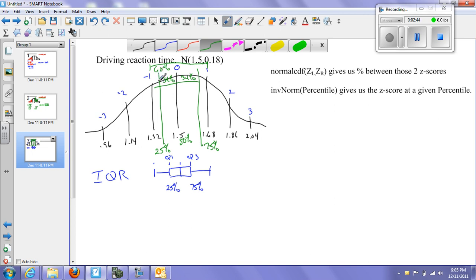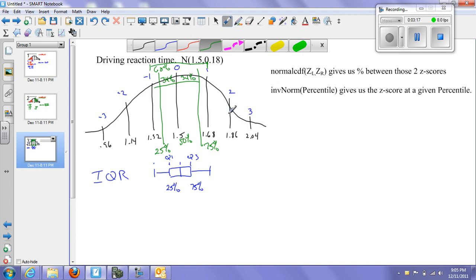So I knew that my 25% was going to be less than 1 standard deviation to the left, and my 75% less than 1 standard deviation to the right. So I know right in here is where my interquartile range is, but I don't know the cutoff figures. I know a whole standard deviation to the left is 1.32, and to the right is 1.67, but I'm only going part of a standard deviation either way. So how do I figure that out?